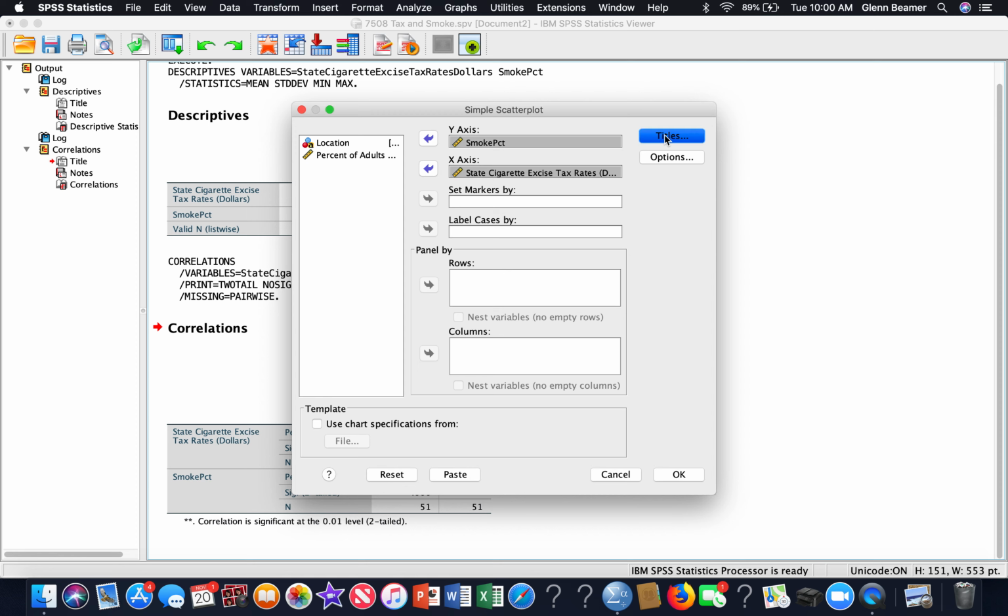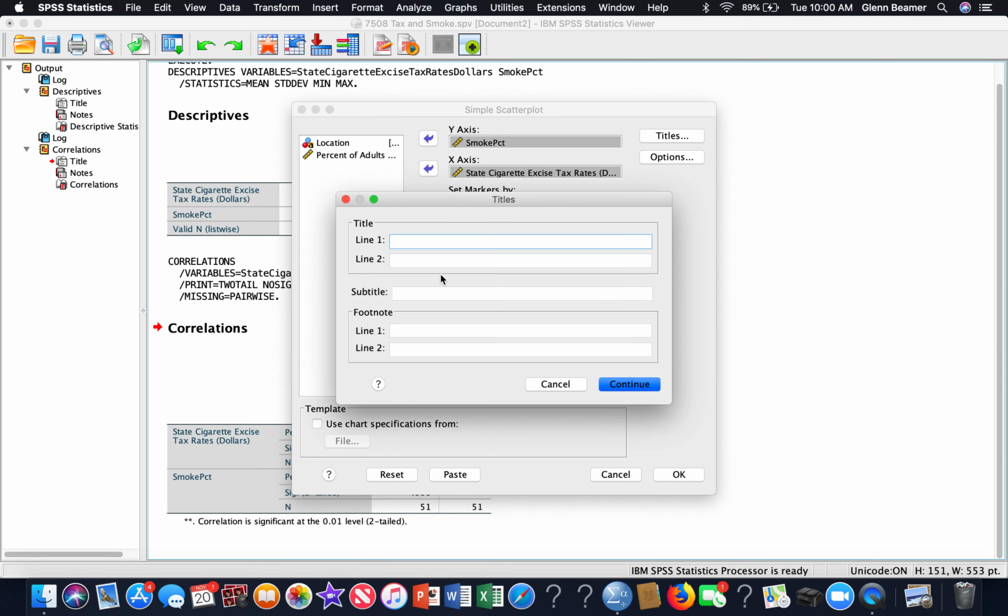We can add titles. So in line 1 of the title, we'll say percent adults who smoke. And in line 2 of the title, it will be cigarette taxes, tobacco.